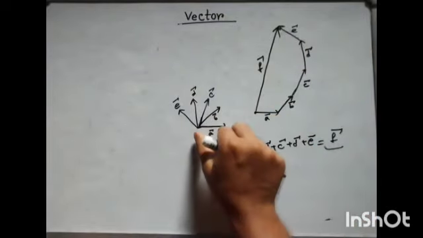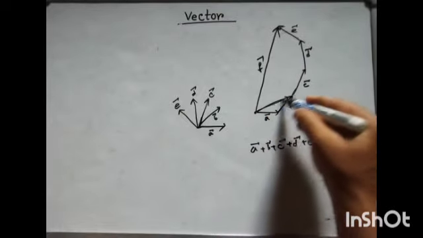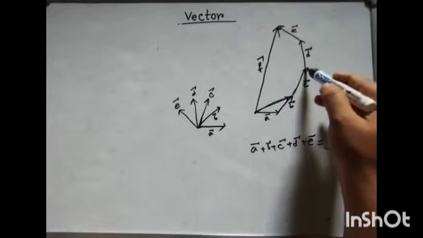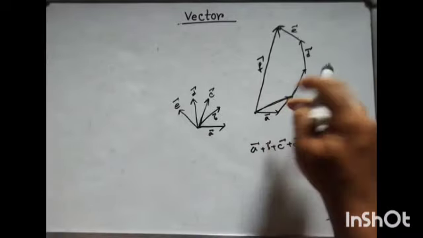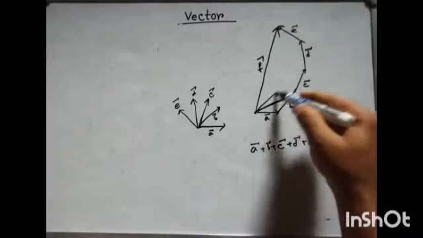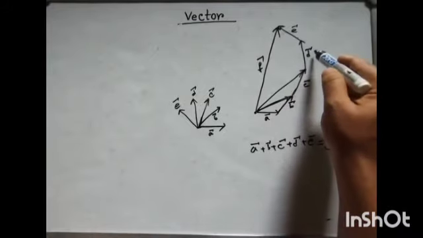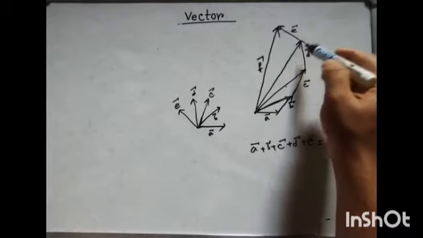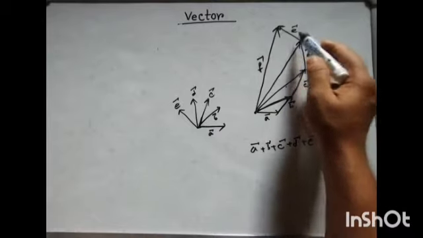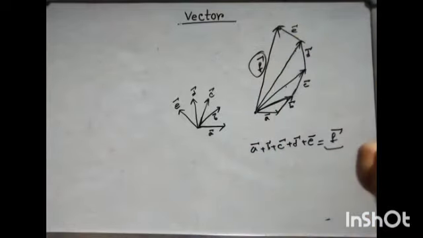If you add two of them, it will give you this vector. Then if you add c vector with this result, you will get this. And again, if you add d vector with it, you will get this vector. Then if you add e vector with this, you will get the final result, f vector. So you can verify it in this way. Thank you.